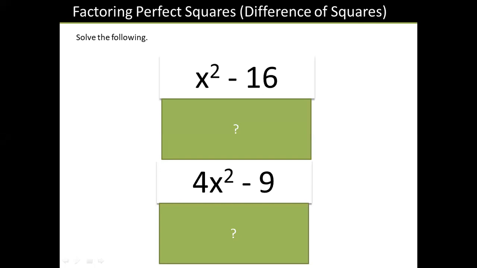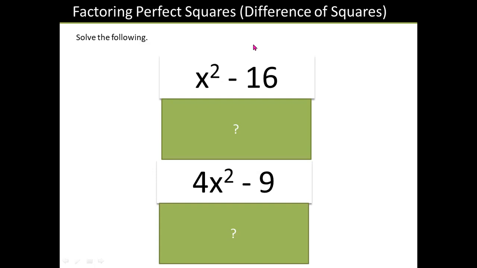So this is what we do today: factoring perfect squares, or what we call factoring difference of squares. Difference means minus. That is why our expressions are x squared minus 16 or x squared minus 9, because we said difference of squares.